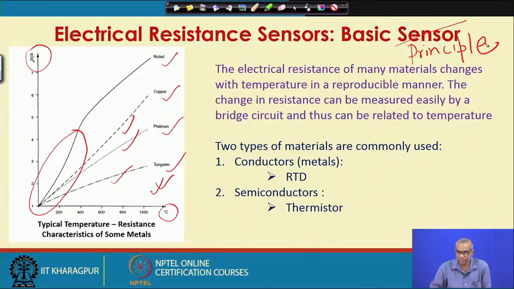So, both RTD and thermistors are based on the same principle, which is variation of electrical resistance with change in temperature. And we see that for some metals such as nickel, copper, platinum, tungsten, the variation is to some extent linear with respect to temperature, and they are good candidates for making RTDs.